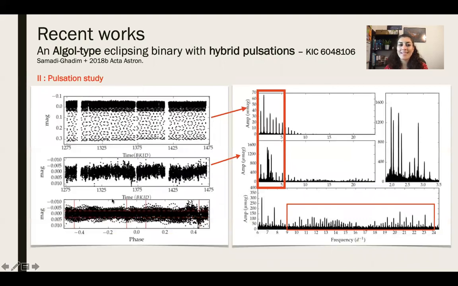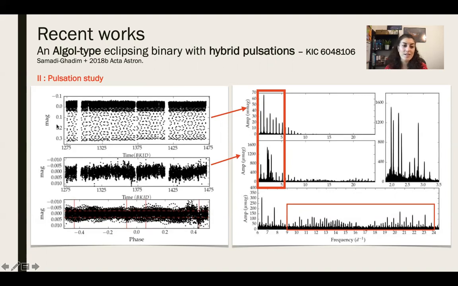This is the original light curve, and if you do a Fourier transform, you have this Fourier spectrum up here, and you see these sequential modes that are just the harmonics of the orbital frequency. But if I subtract the binary model from the original light curve, I come across a very low level of pulsation and light variations.